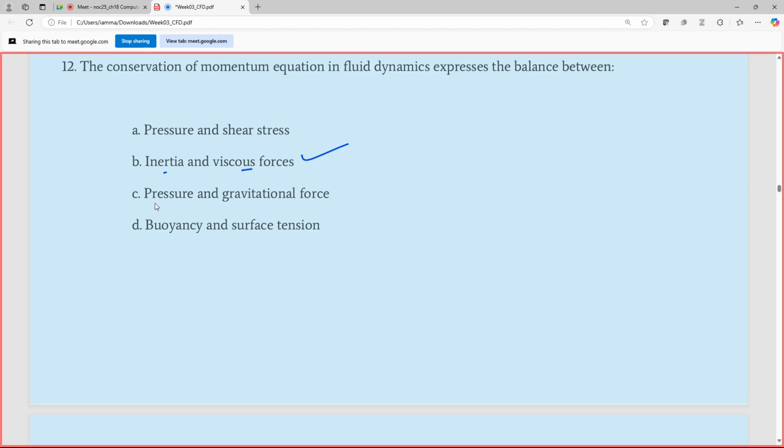Pressure and gravitational force as such is not there. Body force is there, but both are on the same side, so it's wrong. And buoyancy and surface tension are not considered in the momentum equation, so that's also wrong. So our answer is option B, that is inertia and viscous forces.